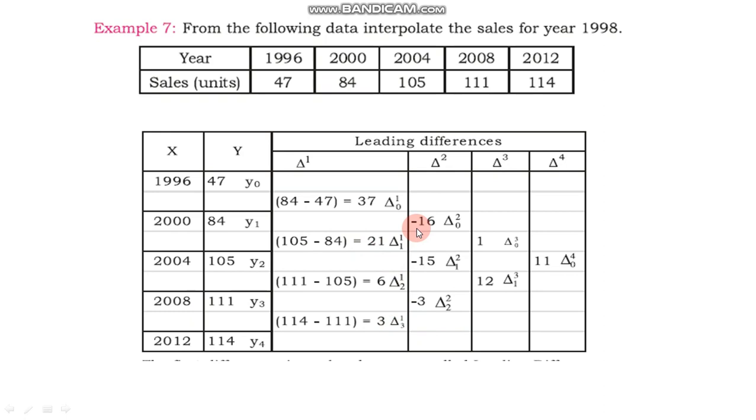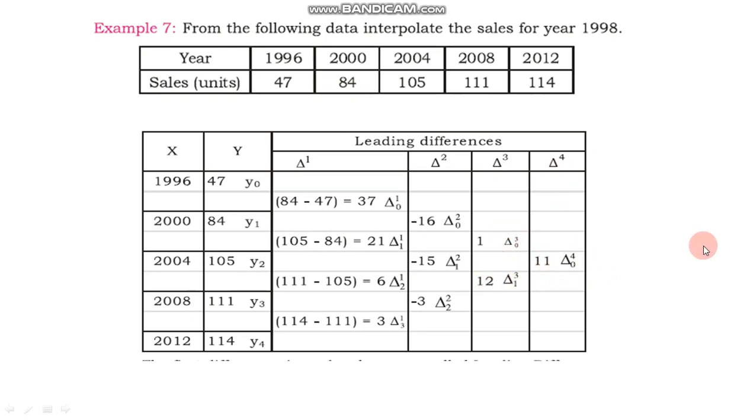Now 21 minus 37 is minus 16, 6 minus 21 is minus 15, 3 minus 6 is minus 3. The third difference: minus 15 minus of minus 16, you get 1; minus 3 minus of minus 15 is equal to 12. The last term, delta naught 4, up to the fourth difference: 12 minus 1 is equal to 11.